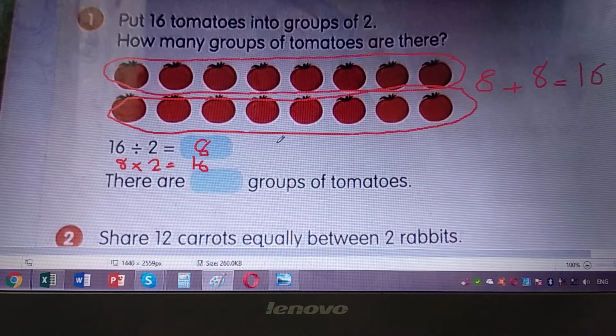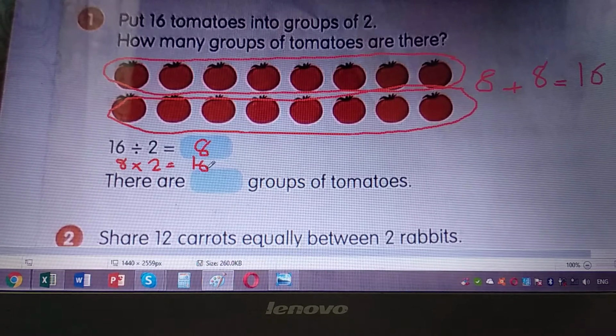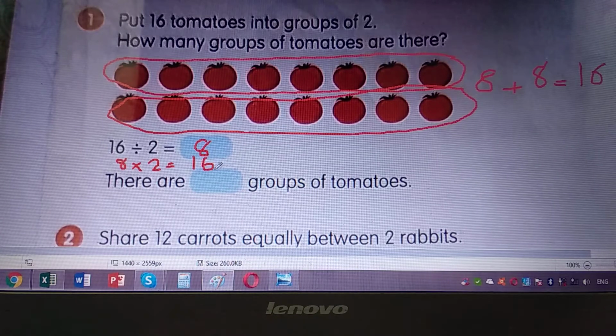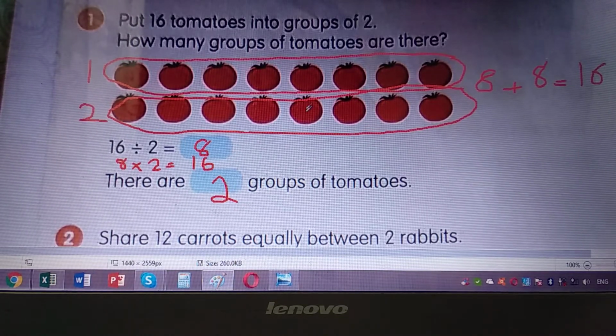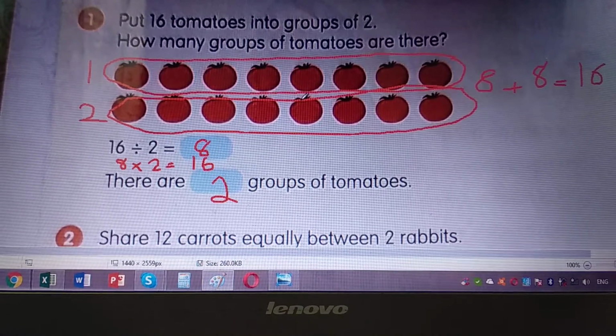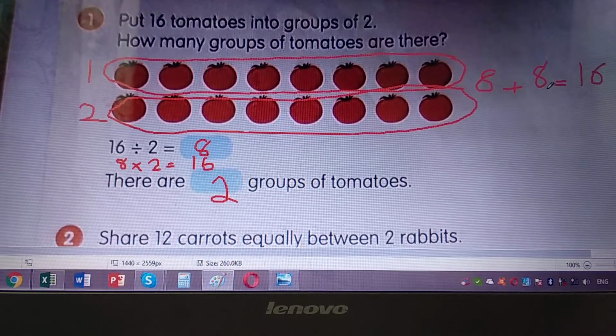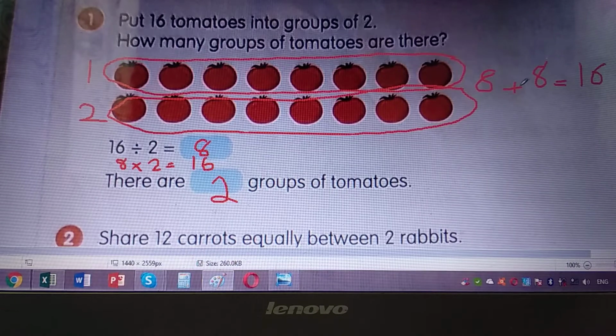So 16 to 8, 8 to 16. How many groups of tomatoes? The answer is 2 groups. But in each group you have 8 tomatoes. So 2 times 8, so 8 plus 8 equals 16, or 8 times 2 equals 16.